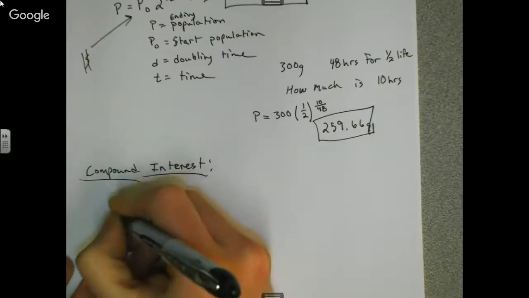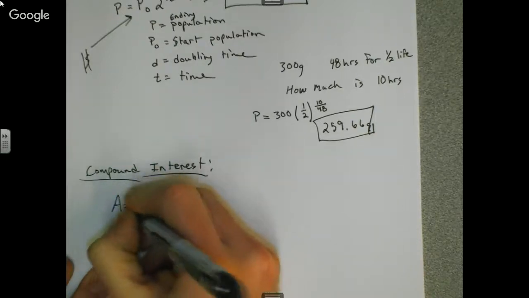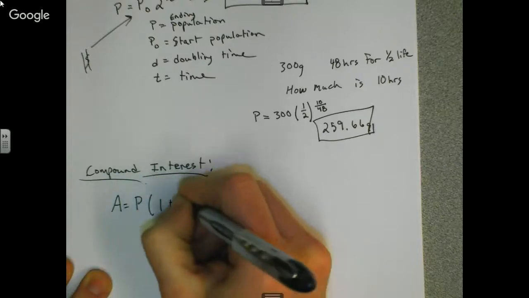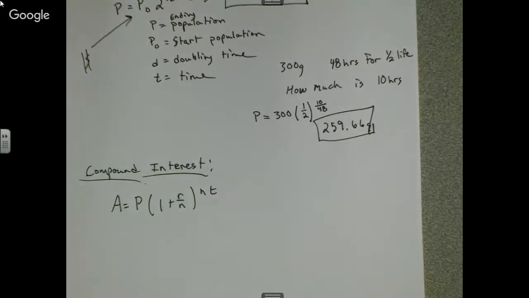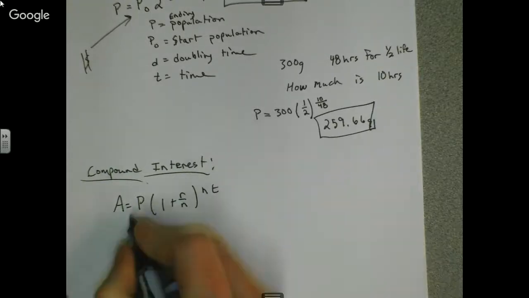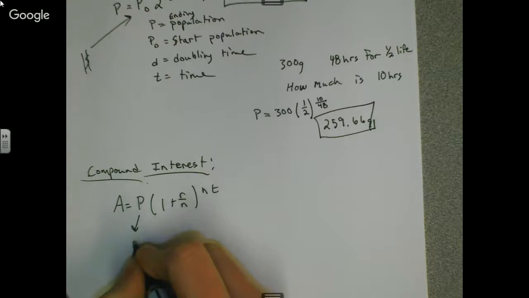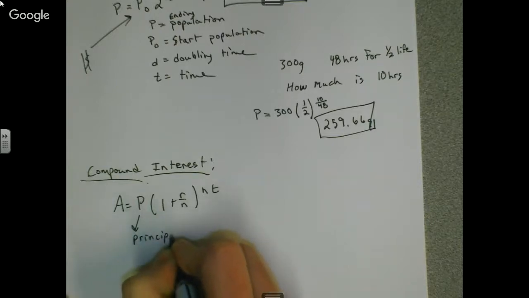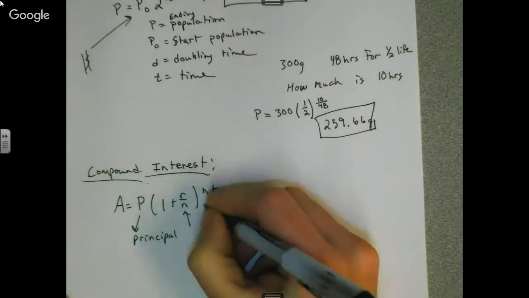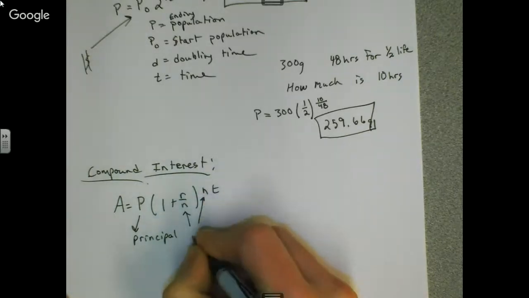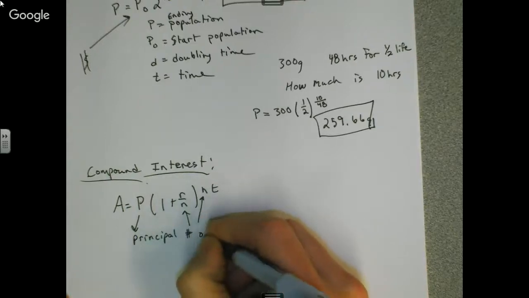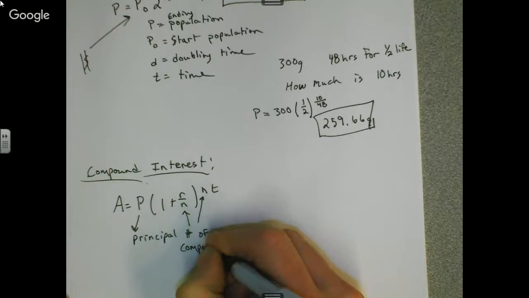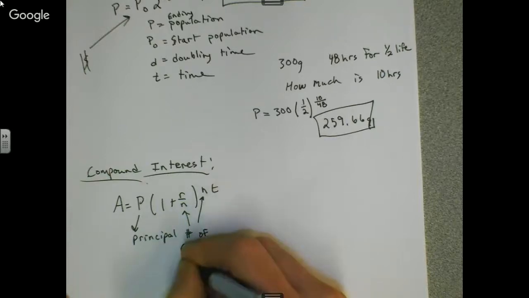So compound interest is that formula. P is your principal. N is the number of compounds per year.